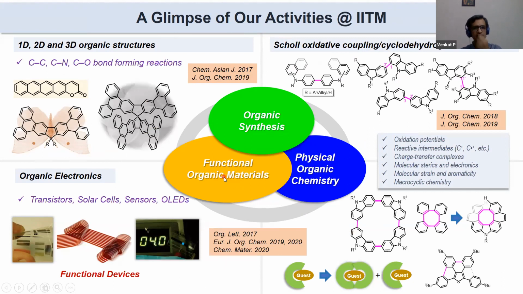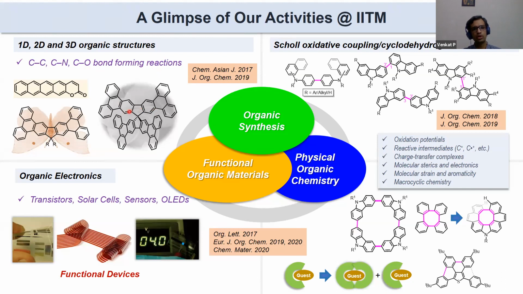To summarize, we use simple reactions to construct carbon-carbon, carbon-nitrogen, and carbon-oxygen bonds. Through this, we build 1-dimensional, 2-dimensional, and 3-dimensional organic architectures and derive information about their characteristics, be it photophysical properties, thermal properties, or electrochemical properties, redox, and so on.